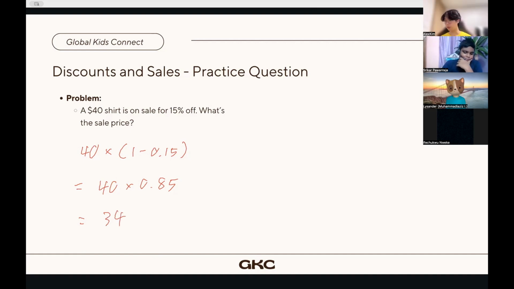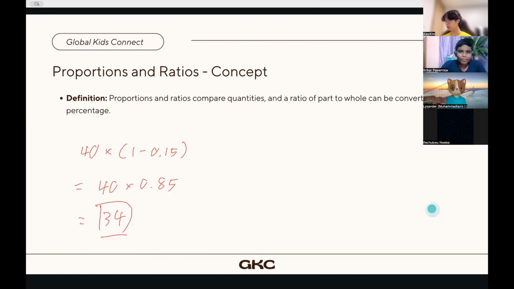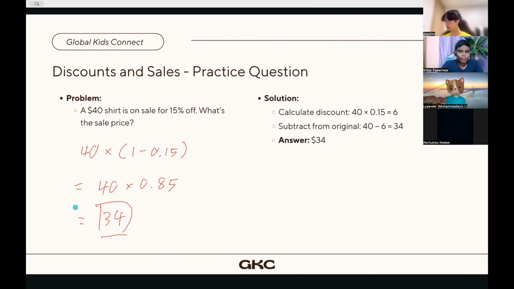So we can say that the sales price after the discount is $34. So easier than the previous question, actually. And we can see that the answer is $34.